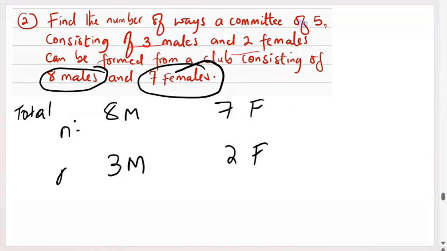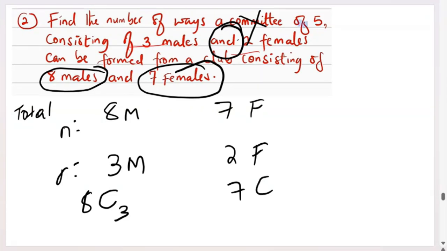So remember, every time you are pulling out from that, it is "and". Remember we said an "and" means you're going to be multiplying. So now you've got 2 variables, you're going to have 2 formulas. The first is C with n as 8 and r as 3. Here you've got n as 7 and r as 2. So you just plug this into your calculator.